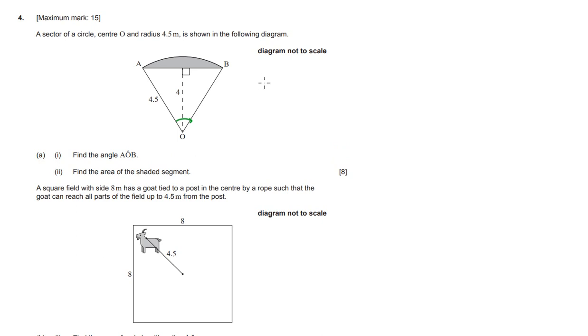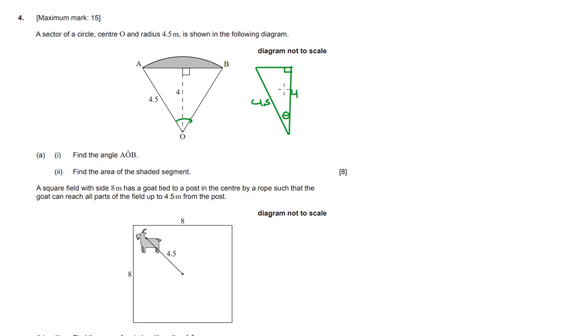What I'm going to do to figure out this angle is just use part of this triangle, and this here is going to be a right angle. I'm going to figure out this angle right here, with 4.5 and 4. And once I've figured out what this angle is, I just have to double it to come up with the entire angle, right?